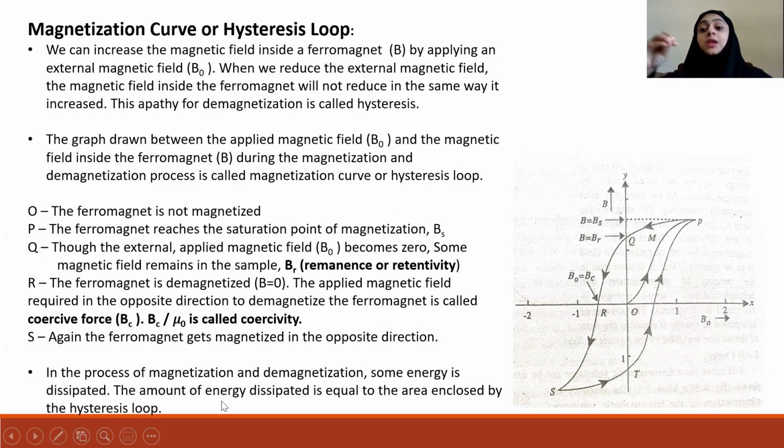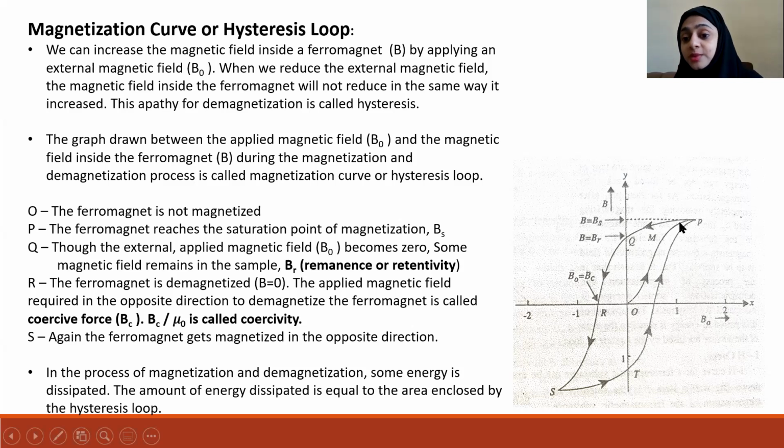See, we have to apply some magnetic field, which means we have to give some energy, and also when we apply the magnetic field in the opposite direction, in all this magnetization and demagnetization process, some energy is lost, and this energy lost can be found by calculating the area enclosed by this curve.